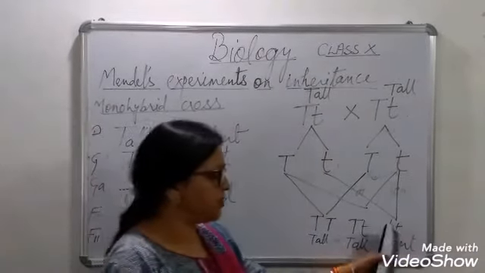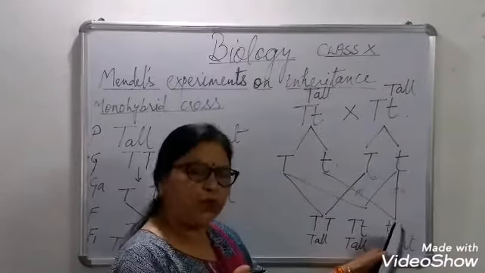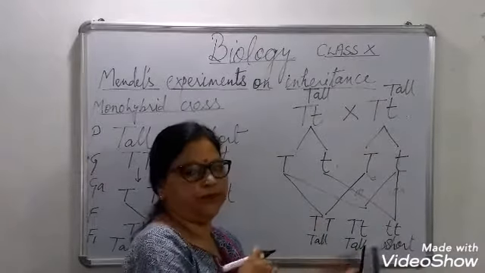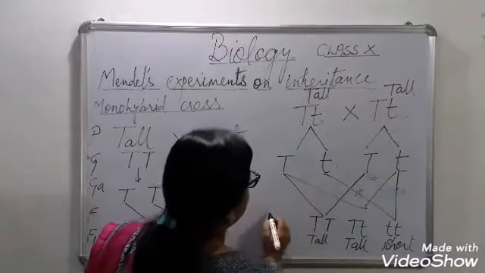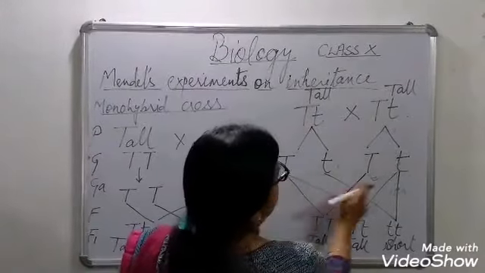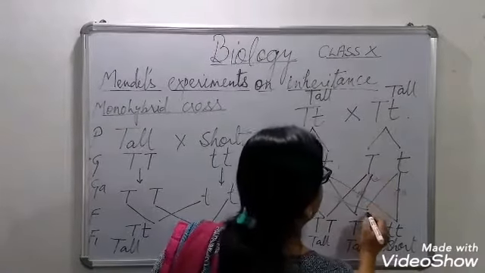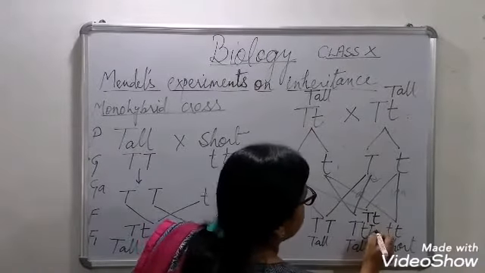So what is a recessive trait? Recessive trait is a trait which can express only in the presence of another identical factor, not in the presence of the dominant one. So this is a recessive trait, and one more will be there. See, this with this, this with this will be capital T and small t. This will also be tall.